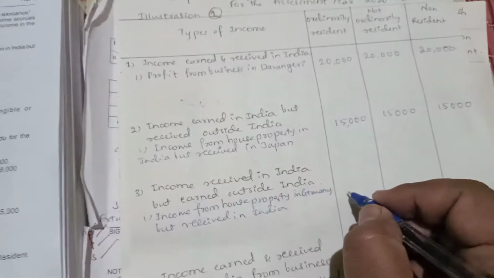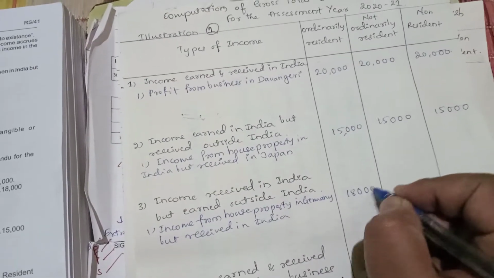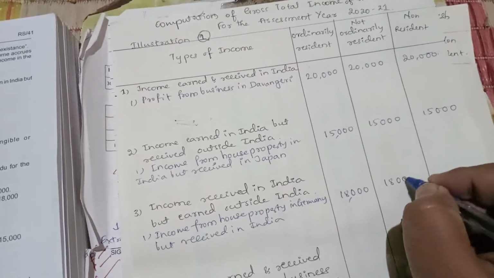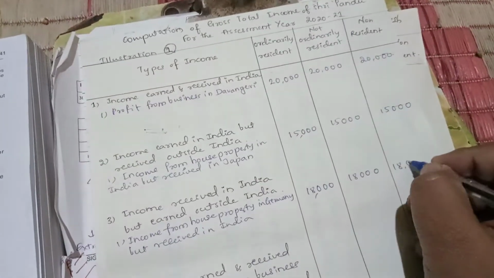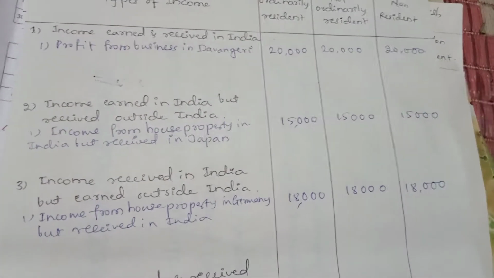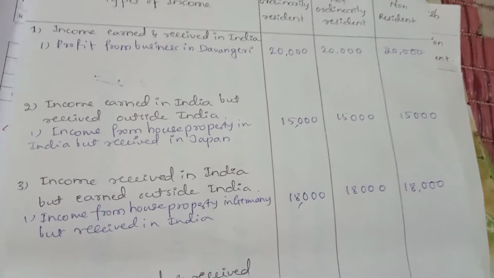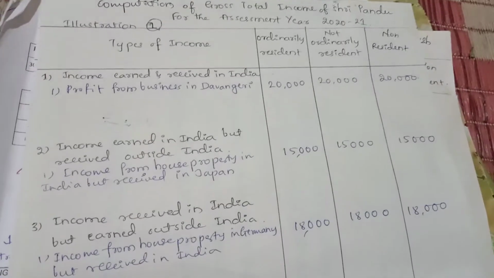Under this head also, in all the three different types of assessee it is going to be taxable. That is why I am going to write the same amount in all the three respective columns. Okay, the third item is over.